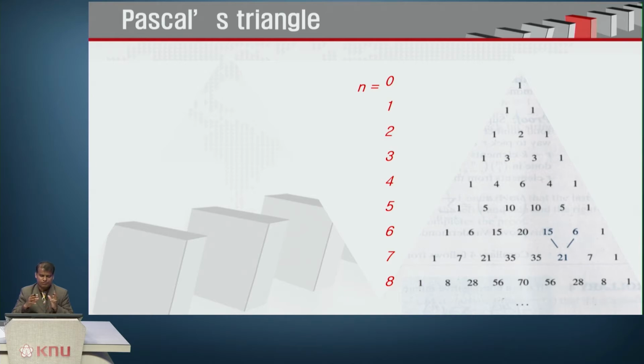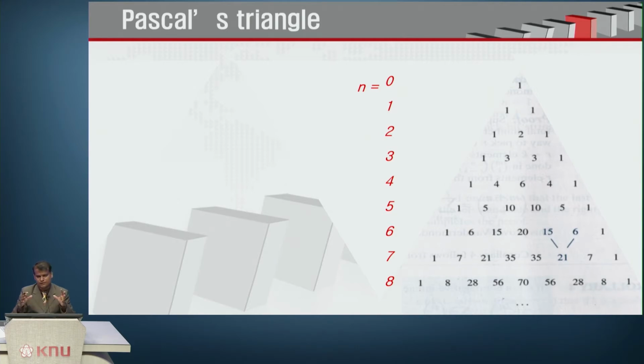Even Chinese and Persian mathematicians used similar structures to represent various forms of arithmetic. But Pascal discovered it quite independently of the Chinese and Persians, and of course he published this work as one of his treatises.